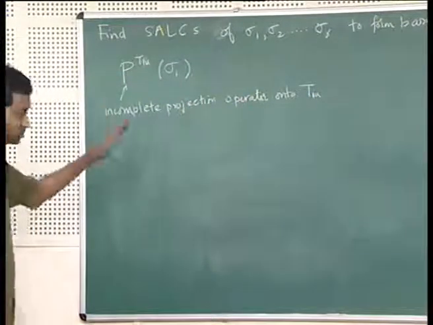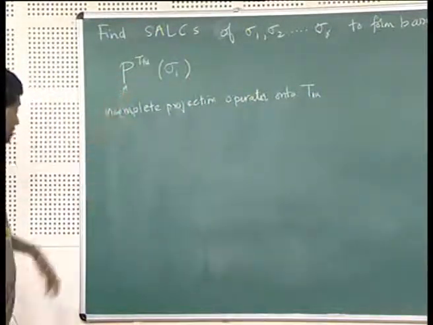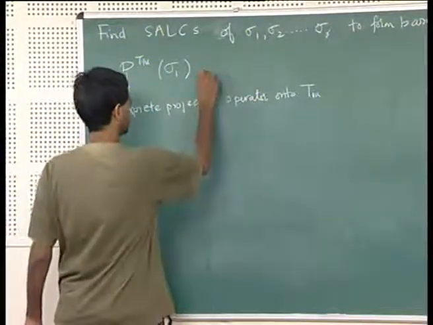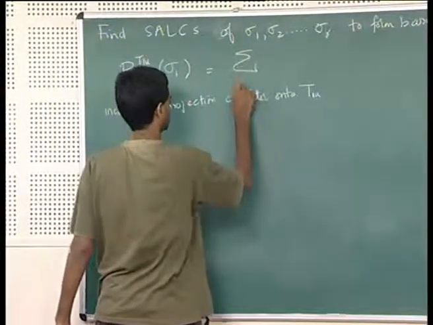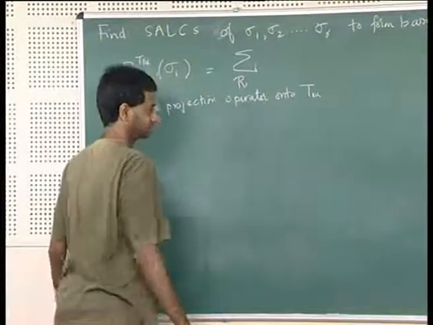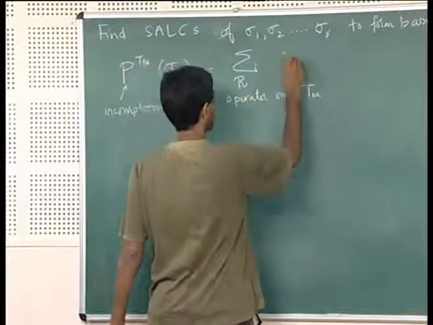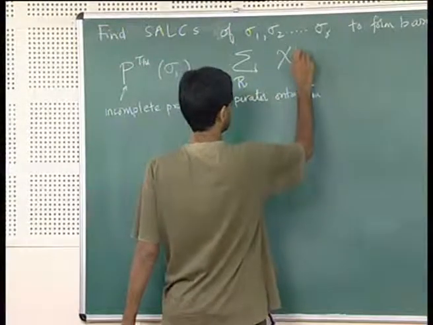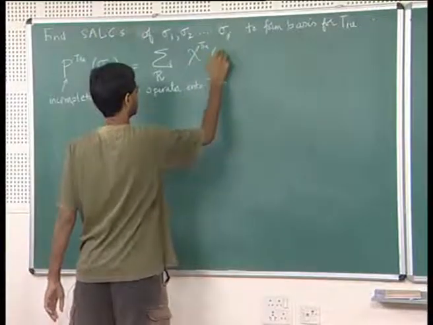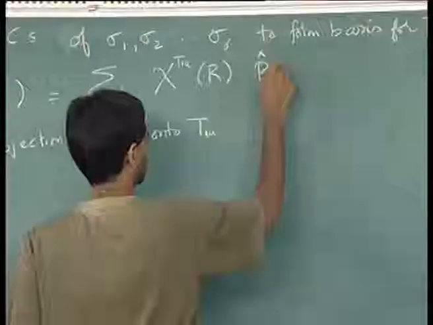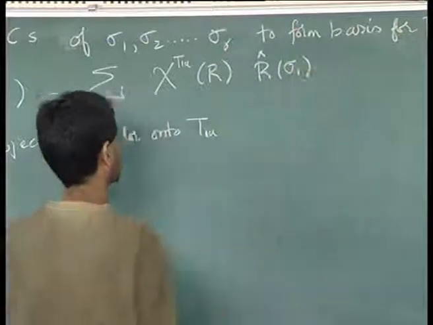Acting on sigma 1, this can be written as a sum over all R of chi in T1u of R times R acting on sigma 1.